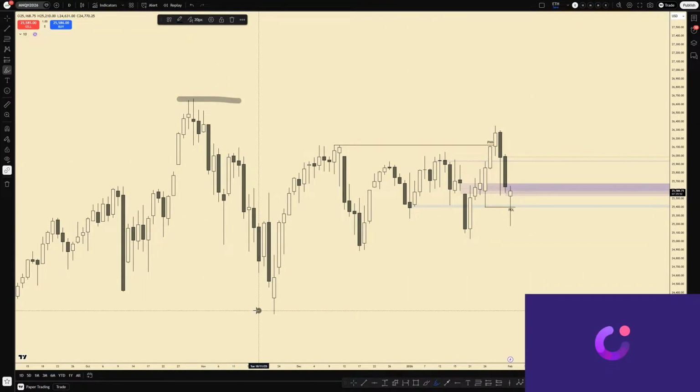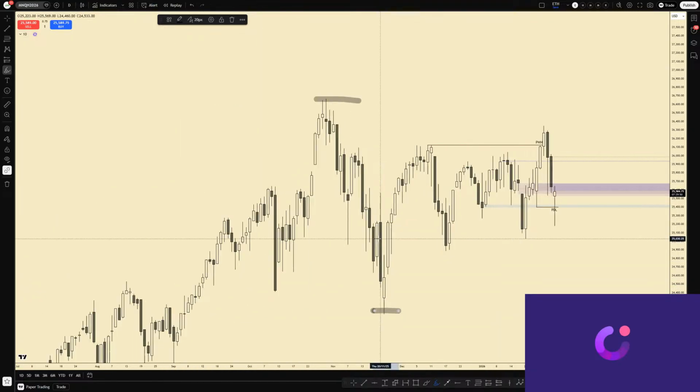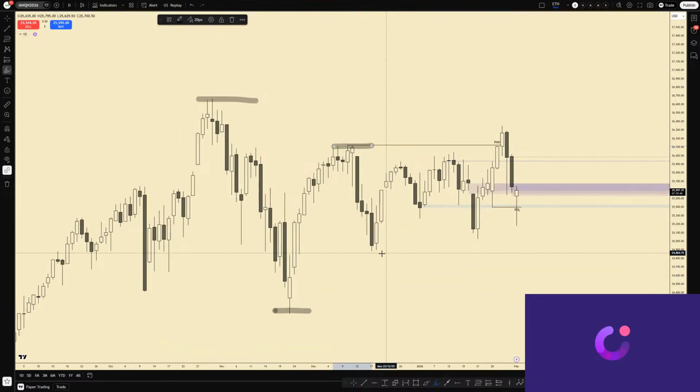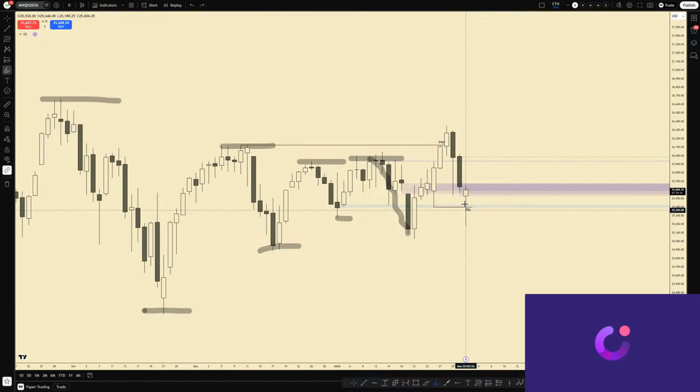This is the biggest current range, and this is another range inside of it, and another range. Price sweeping the highs, going back below, taking the low, going back above, taking out the highs, going below once again and taking another low.